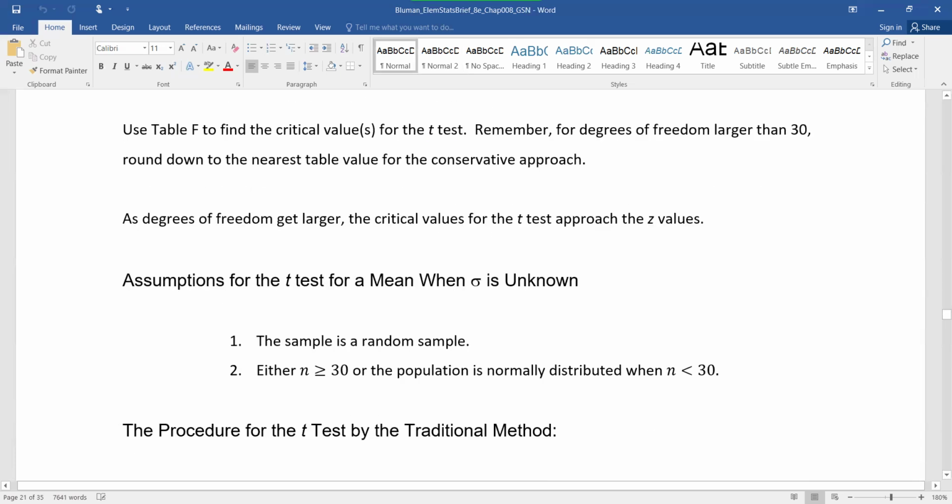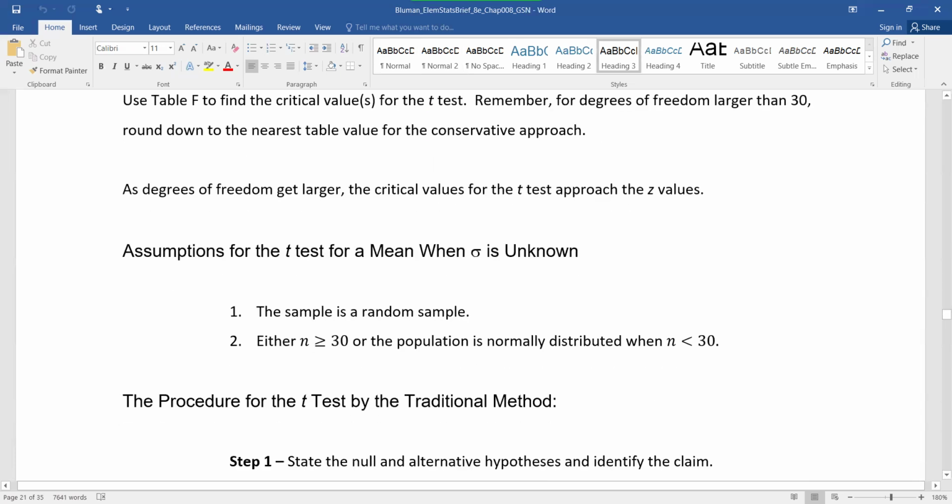So we'll use table F to find critical values for the t-test. Remember, if degree of freedom is larger than 30, we round down to the nearest table for conservative approaches. So I think on your chart, it goes 30, 40, 50. Anything between 30 and 40 will go to 30. Anything between 40 and 50 will go to 40. Anything greater than 50 will just go to 50. All right.